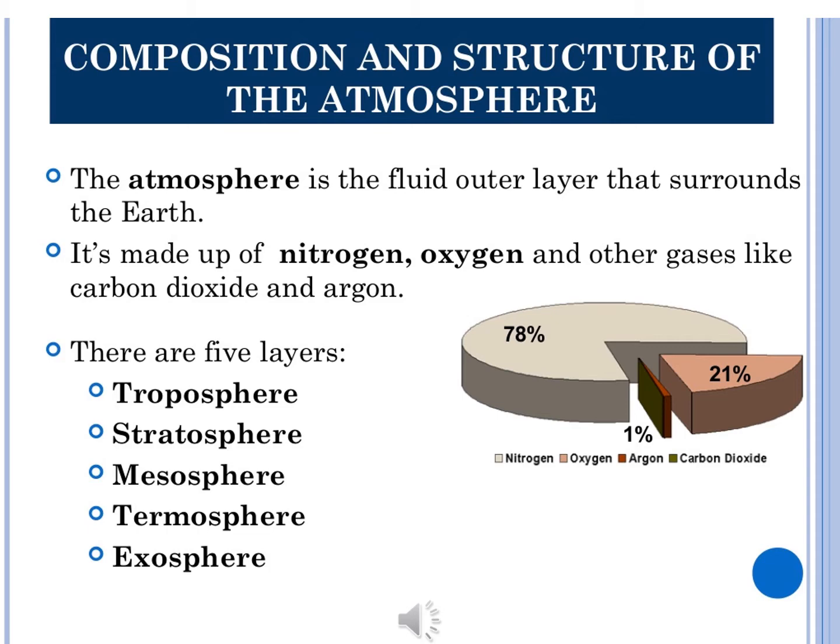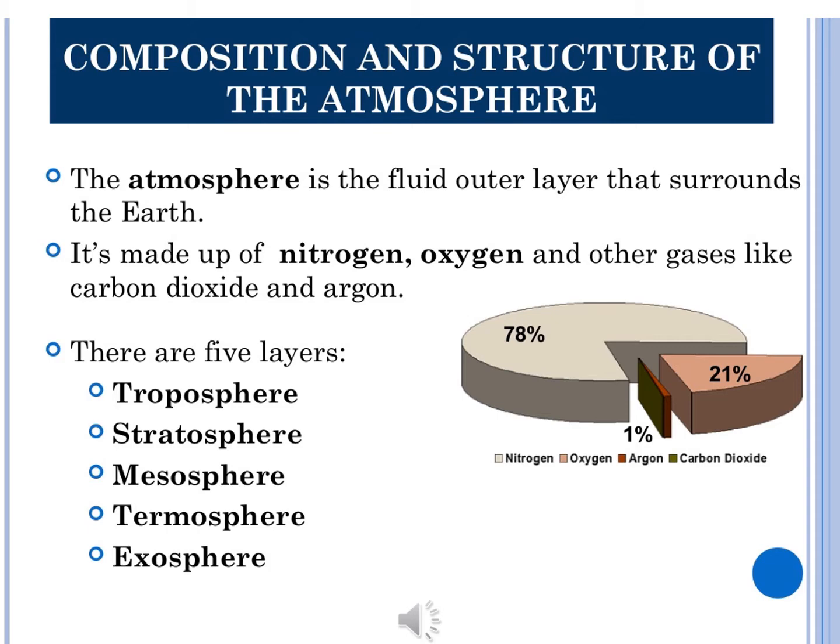Can you give me examples of the rare gases? Yes. One of them is argon. What more? Helium. Now, we are using the word rare, which means that these gases are not common. They are very rare. Okay? So that's that. Now, the atmosphere is subdivided into layers.